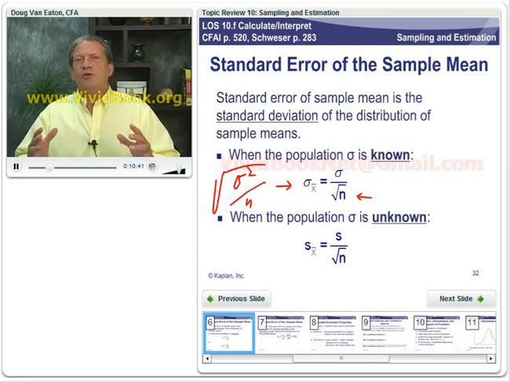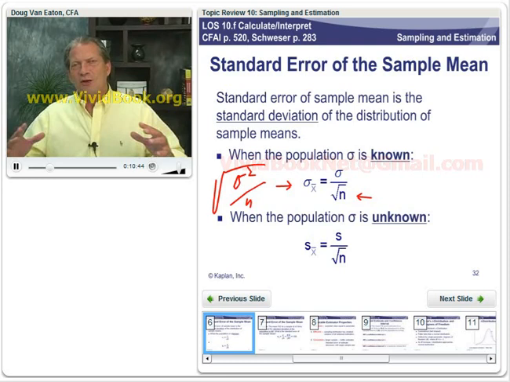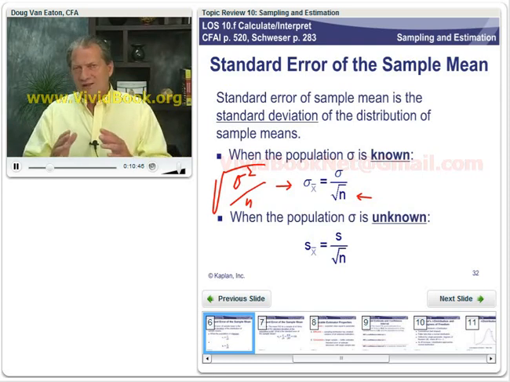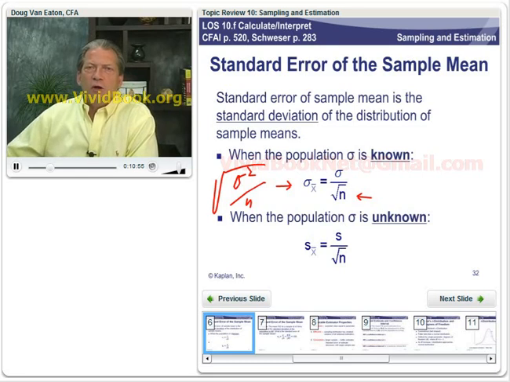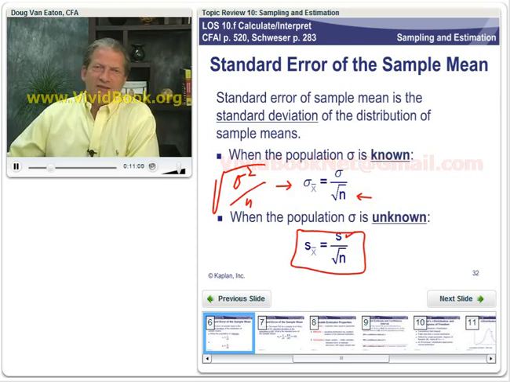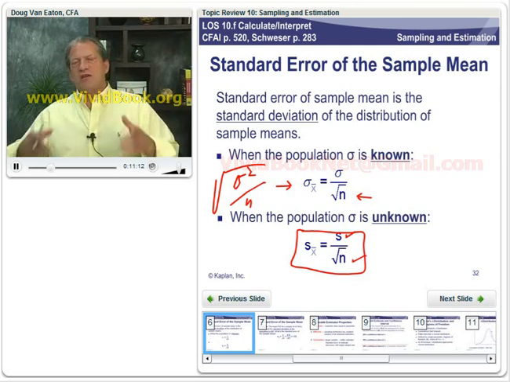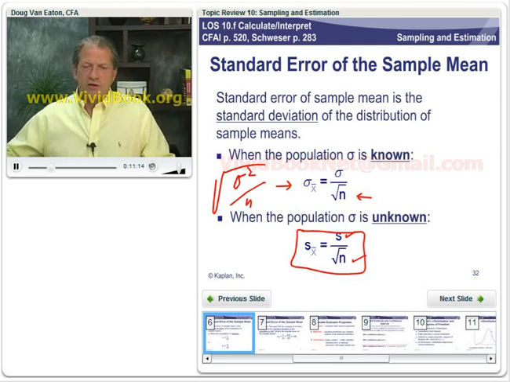The standard deviation of this distribution of sample means is getting smaller, so we're more clustered around the true mean. Now, when the population standard deviation is unknown, we're going to use the sample standard deviation, but it's the same thing. We're still going to get a better and better estimate of the true mean with higher sample sizes, and the standard deviation of those sample means around the true mean is going to be lower.